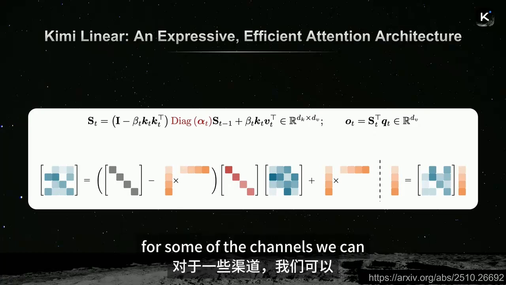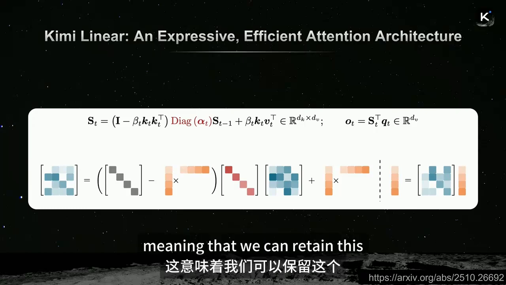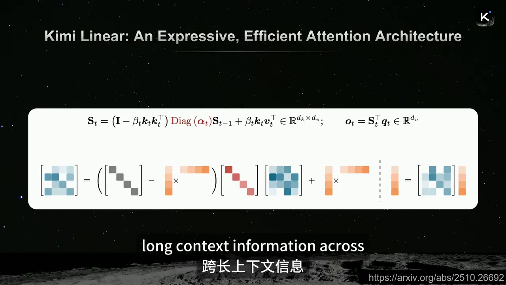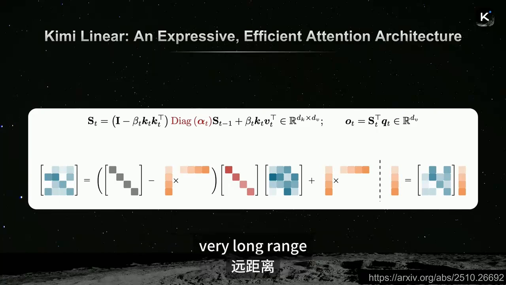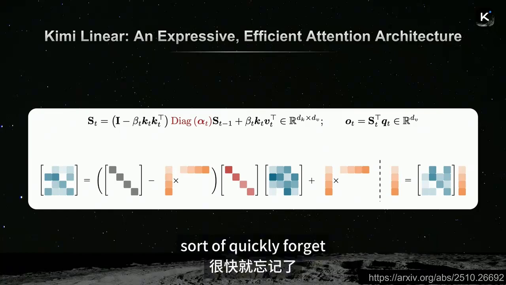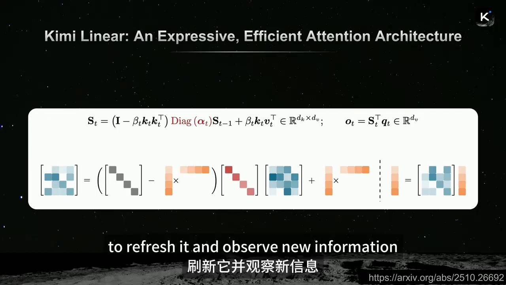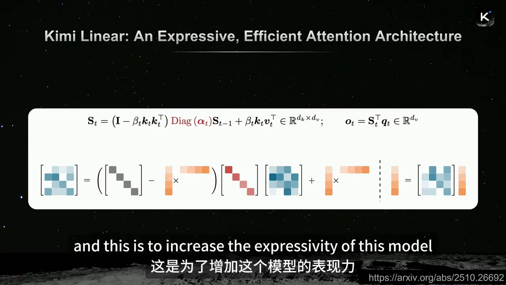For some of the channels, we can decay really, really slowly, meaning that we can retain this long context information across a very long range. And at the same time, for the other channels, we can quickly forget the information from the past indices to refresh and observe new information. And this is to increase the expressivity of this model.